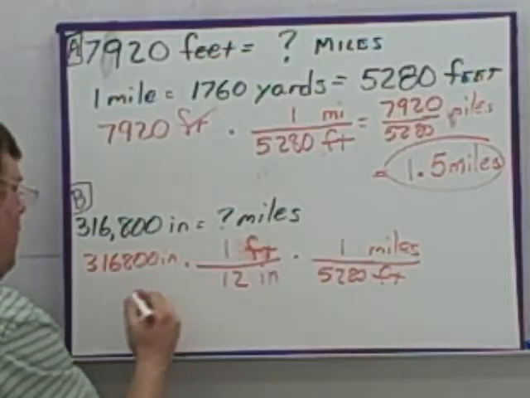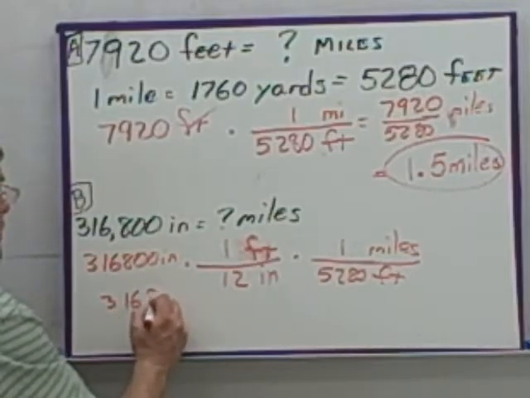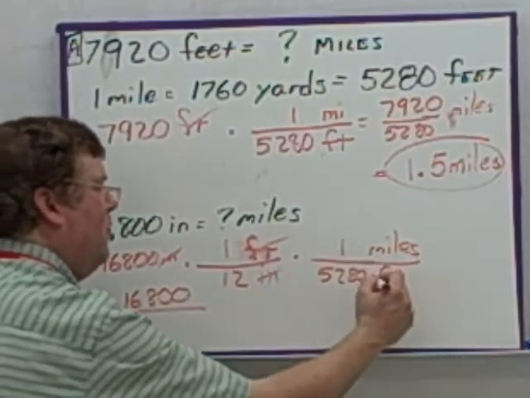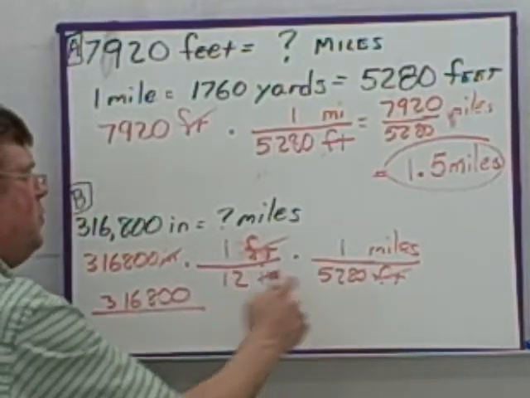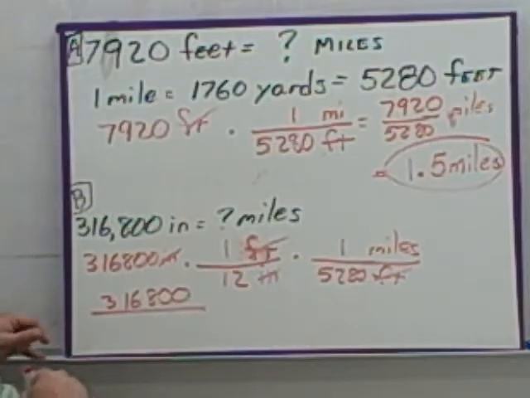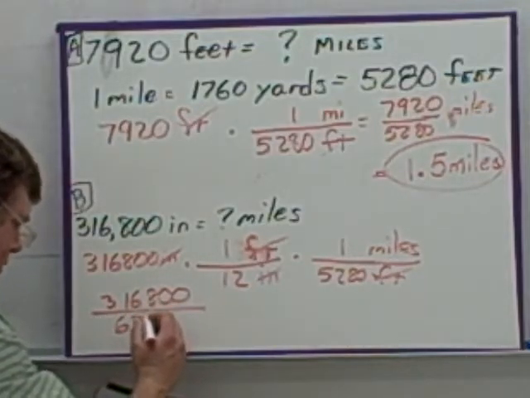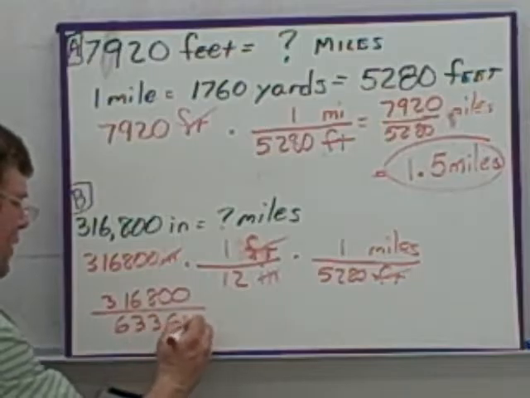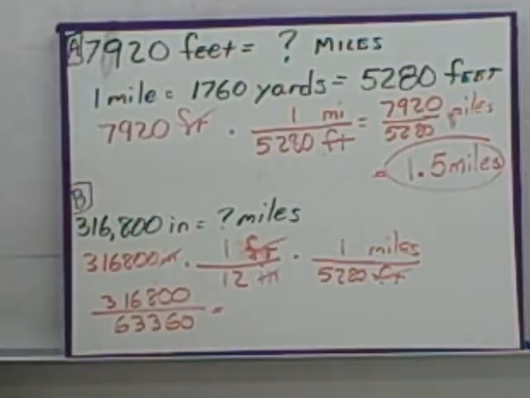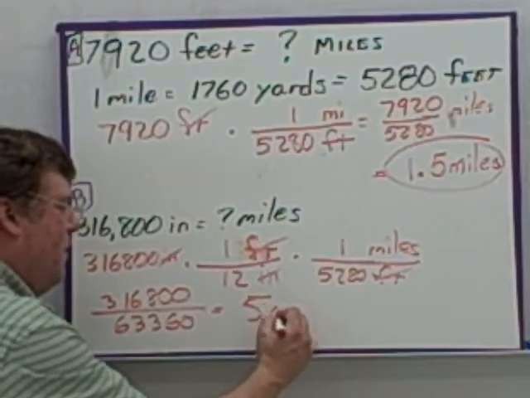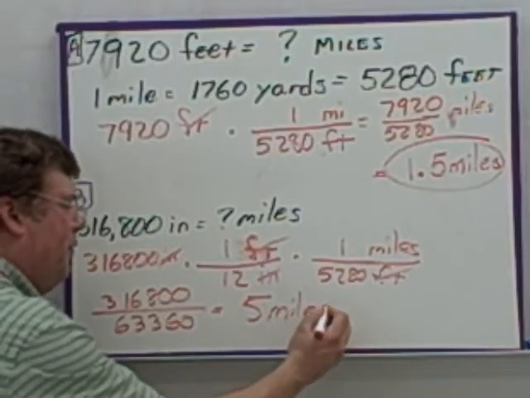Multiply this times the ones, the top ends up being 316,800. The inches will cancel, the feet will cancel. I still have to do the 12 times the 5,280 on the bottom here. And that's going to give me 63,360. Do this divided by this, and I end up with 5 miles.